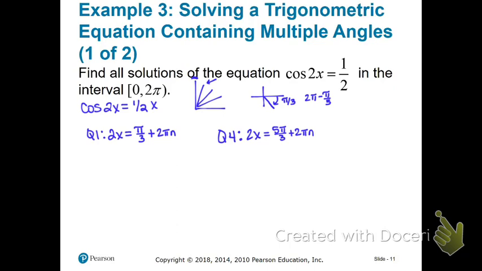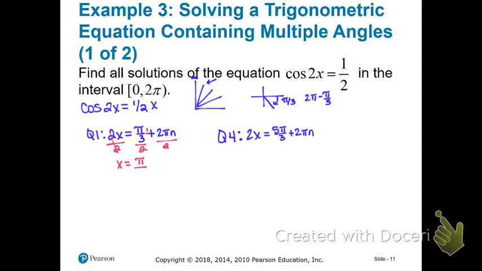Now, we're going to solve both of these for x. So what do we do to solve both of these for x? Yeah, divide by 2. And we're going to divide everything here by 2. So we do that, we get x equals pi over, dividing by 2 is the same as multiplying by what?